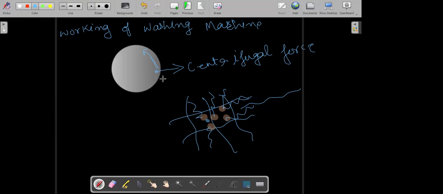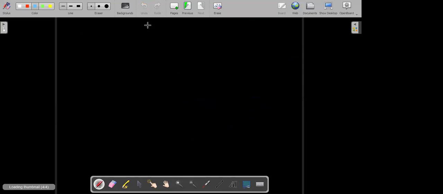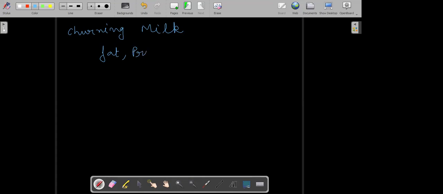Okay. Now another thing which we observe for centrifugation is the churning of milk. During the process, the fat particles of the milk get separated. As we know, milk contains fat particles, it contains proteins, it contains sucrose and certain other substances.